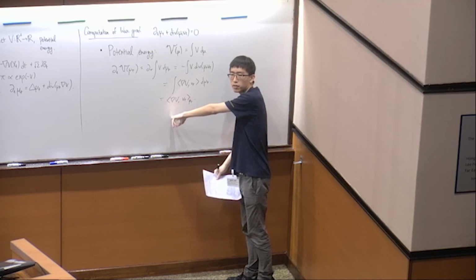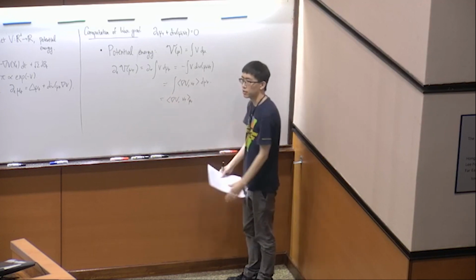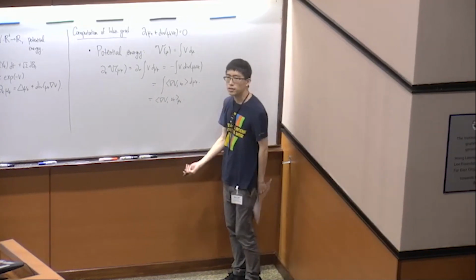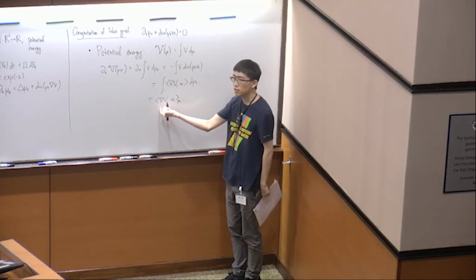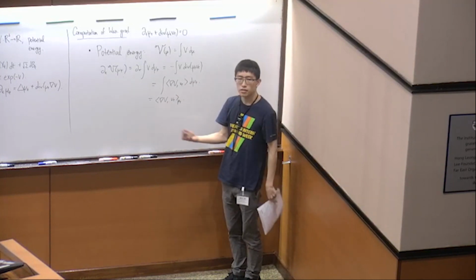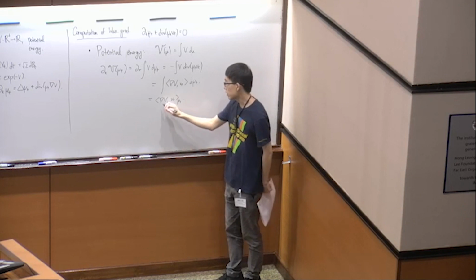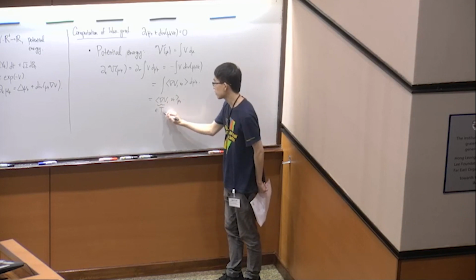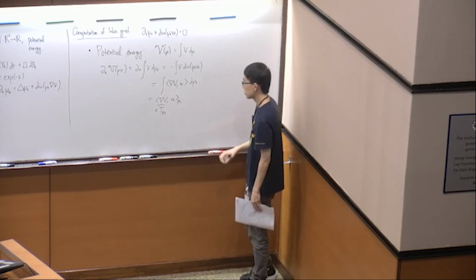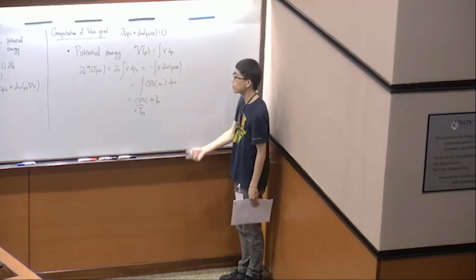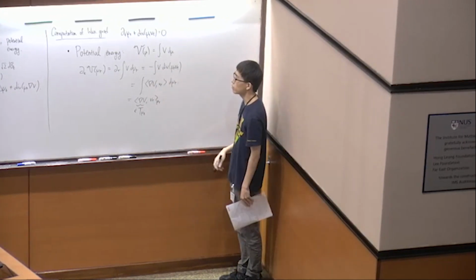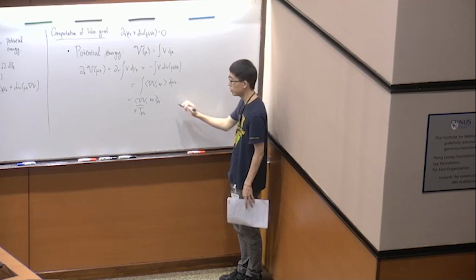The only other thing we need to check is whether it belongs to the tangent space. In other words, is this the gradient of a function? And clearly, yes. So we know that this belongs to the tangent space, and it gives you the correct derivative of the potential energy for every curve, mu t.